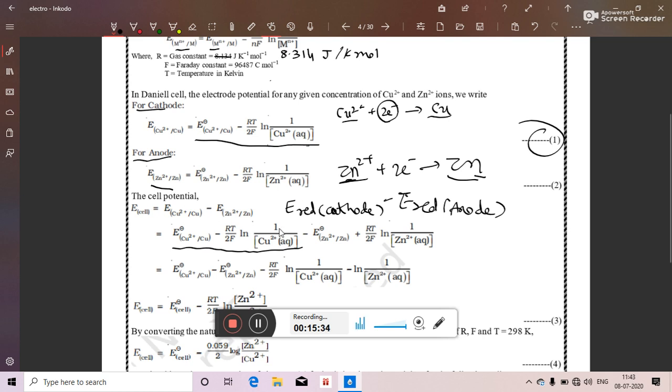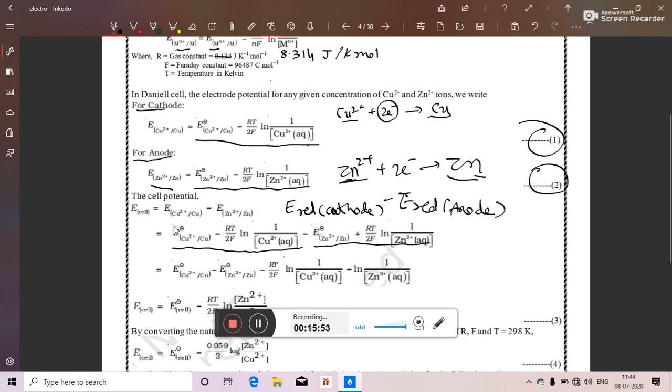Now minus, instead of E of Zn2+/Zn, we write the RHS of the second equation, that is E° of Zn2+/Zn. As a minus sign is there, this minus will become plus, so plus RT upon 2F natural log of 1 upon Zn2+.